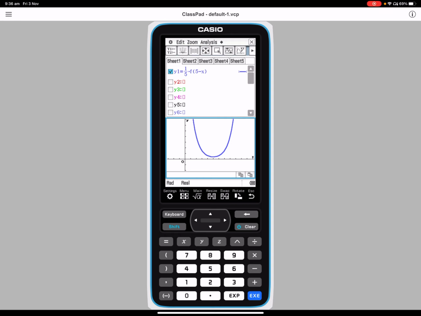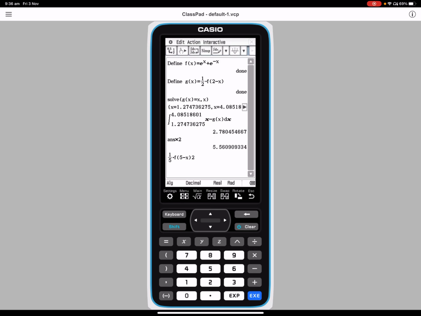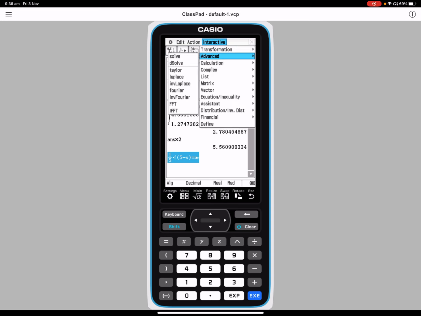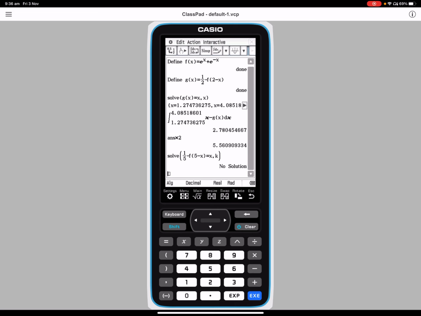Okay. So firstly, we've got to say that equals x and solve. Not for k. I want to solve for x.